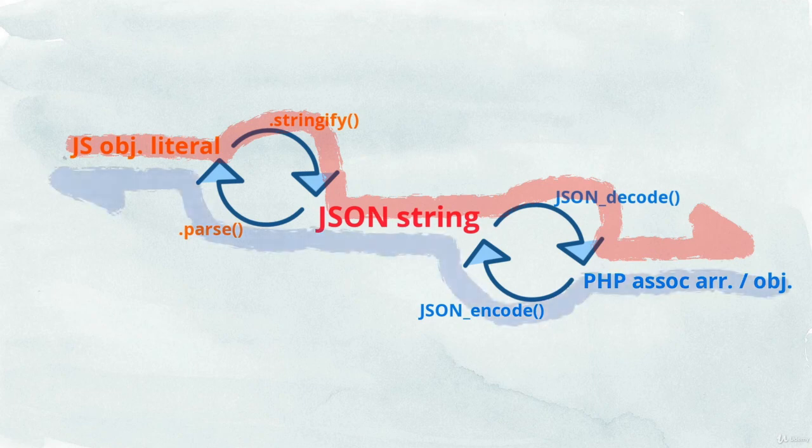To send data to the client side, we first encode the associative array or object into a JSON string. Then we echo that JSON string. The AJAX program will fetch that string and send it back to the client side, where the parse method will convert it into JS object literal. Basically, JSON works as a medium that can be understood by both sides.